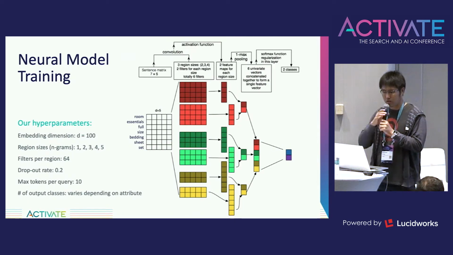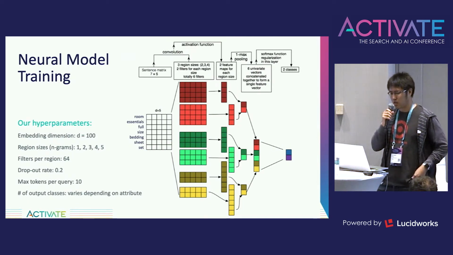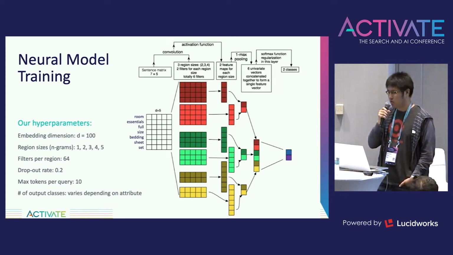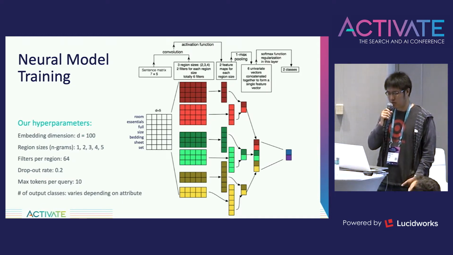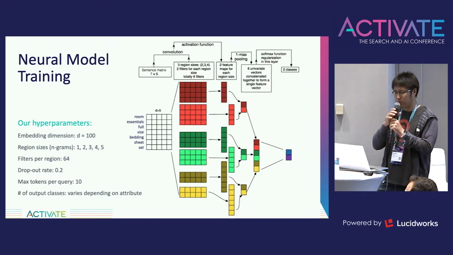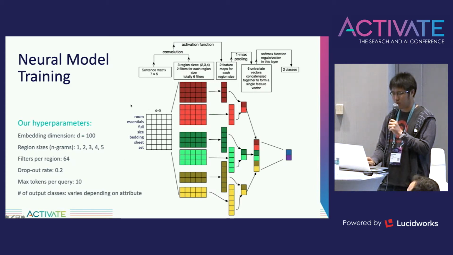This is a simplified version of the neural model that we use. This is for illustration purpose. So given a query, for example, room essentials full-size bedding sheet set, every word has its word embedding. So we have 7 words, so it would be the 7 times 5 input matrix.